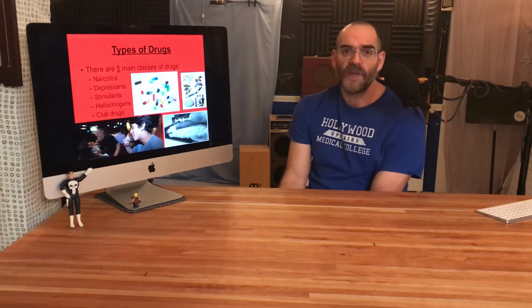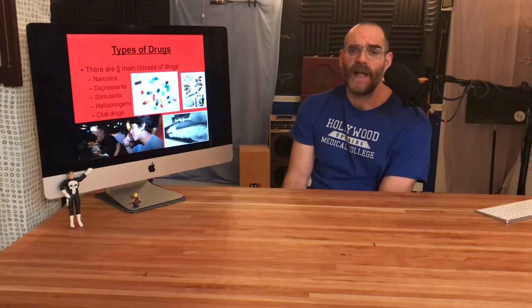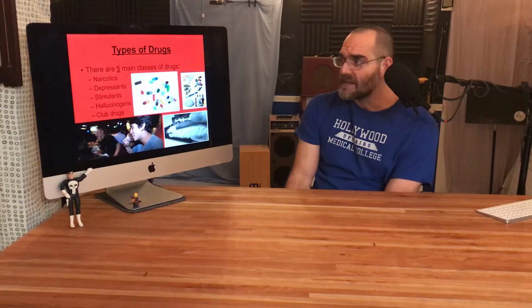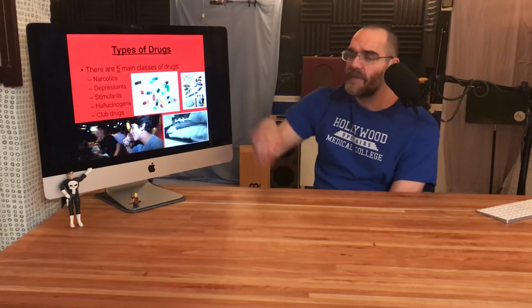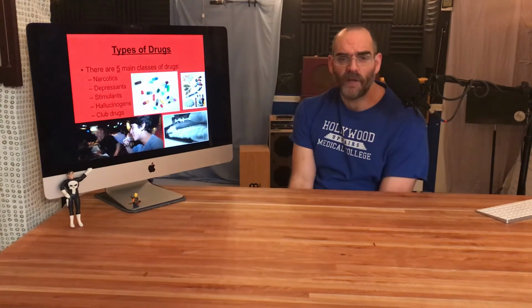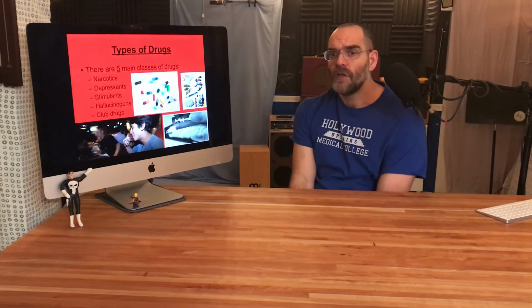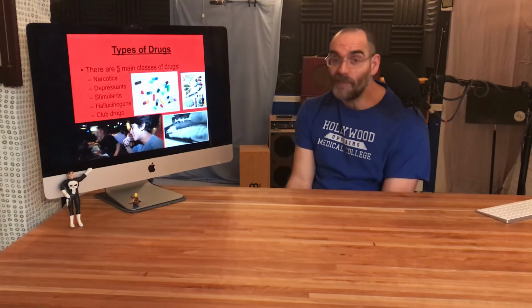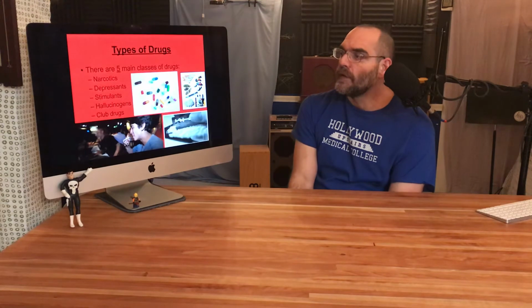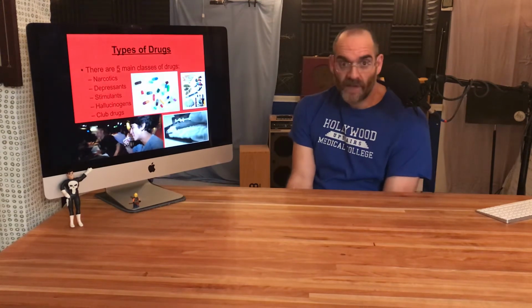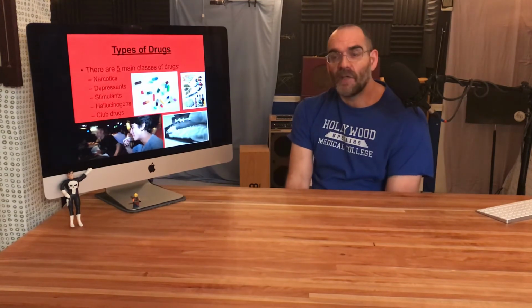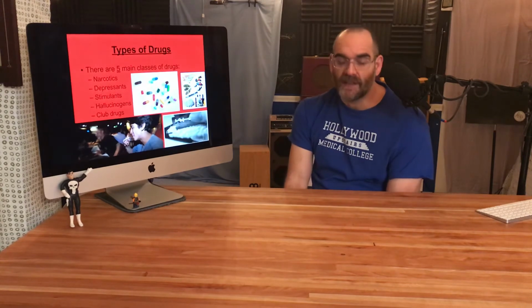All right, I'll zip through this real quick because you guys have probably gotten this lecture through health class. But we have different types of drugs out there. There are different purposes people like to get high for. Usually it's just to make up for some kind of chemical imbalance or mental, psychological issue.